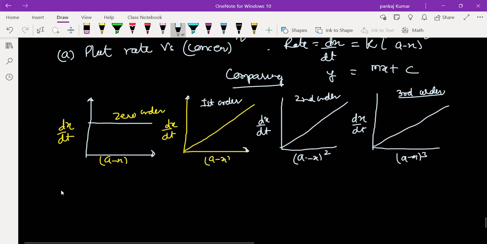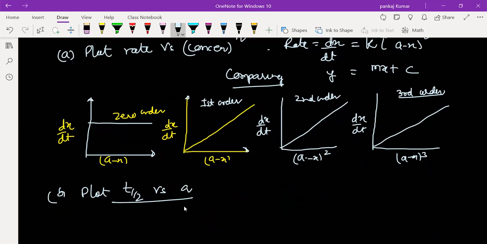Now we'll draw the second plot: T half life versus A concentration. This we have to plot. Here T half life is proportional to a to the power 1 minus n, or we can use a to the power n minus 1, anything you can use.